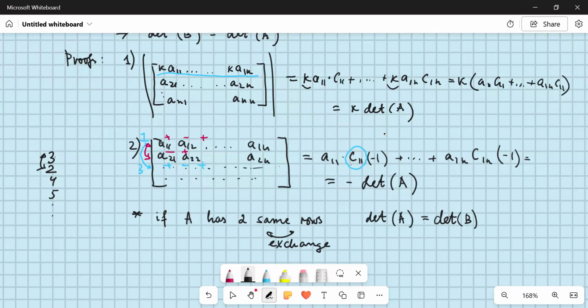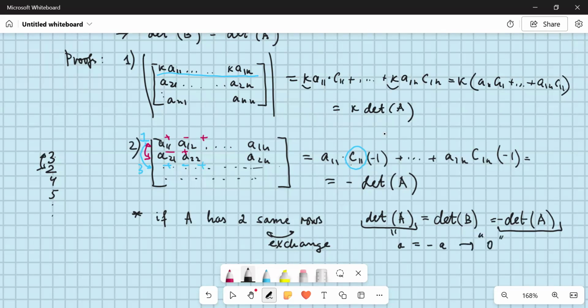On the other hand, when you exchange two rows in a determinant, according to this rule, it's supposed to be equal to minus determinant of matrix A. Well, it looks like determinant of matrix A must be equal to minus determinant of matrix A, but it's a number, right? A equals minus A is supposed to be only one number, 0, because all other numbers are not equal.